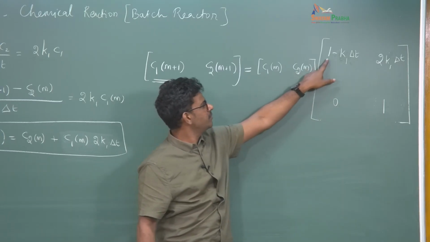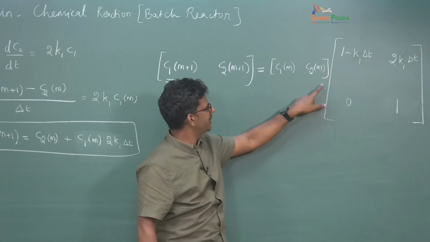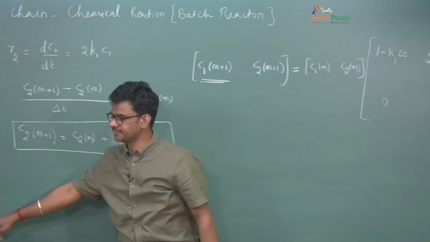So you get C1 m times 1 minus K1 delta T plus 0 times C2. That's what this expression is.